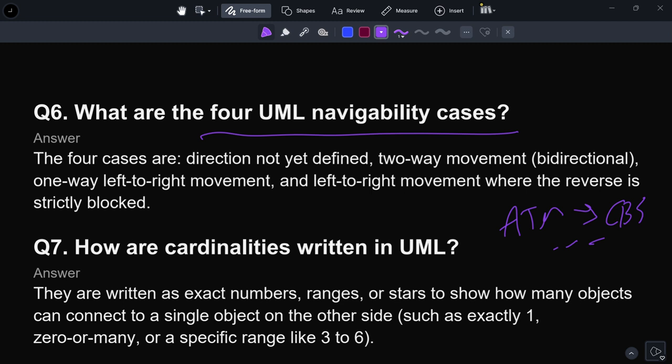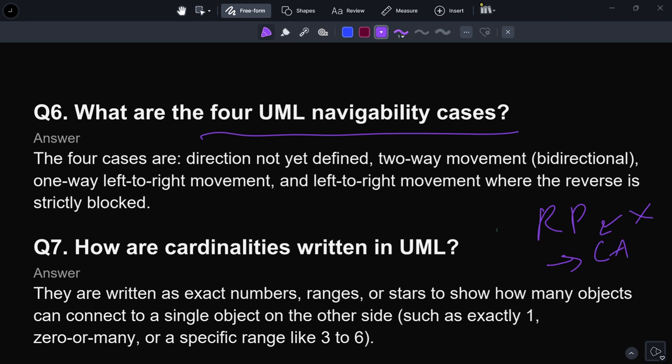Then we have restricted, strictly blocked. So a line with the X on one end, with this. So we can say that navigability is explicitly forbidden in one direction to protect security or performance. For example, receipt printer comes here and goes X here, cannot go to customer account.